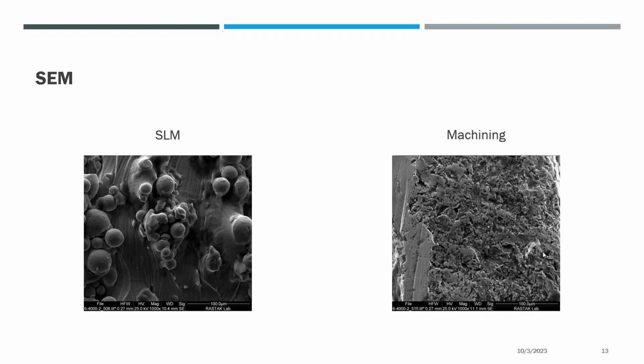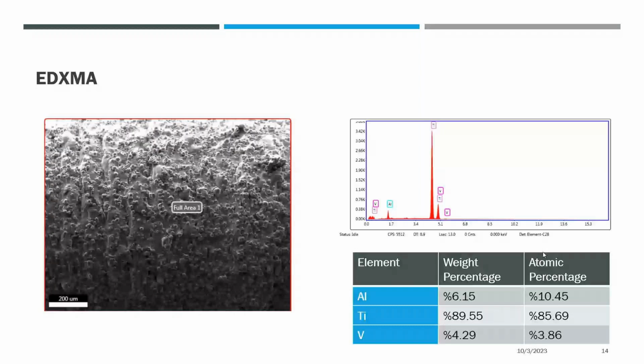The EDXMA test, you can see that the elements are as follows. Aluminium in weight percentage was 6.15%, and the atomic percentage of 10.45%. Titanium in weight percentage was 89.55%, and atomic percentage of 85.69%.